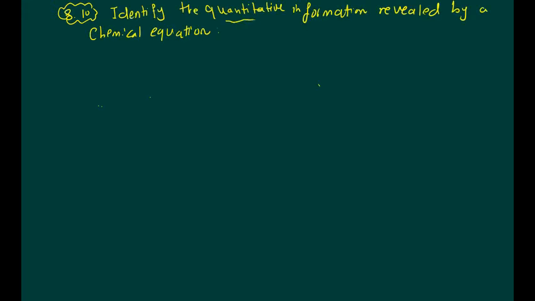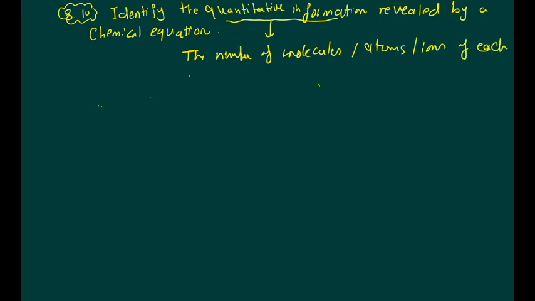By quantitative information, we mean the number of molecules, atoms, ions of each element composing reactants and products. That means you need to be able to count the number of atoms that enter and are produced from a reaction, number of ions, number of molecules.